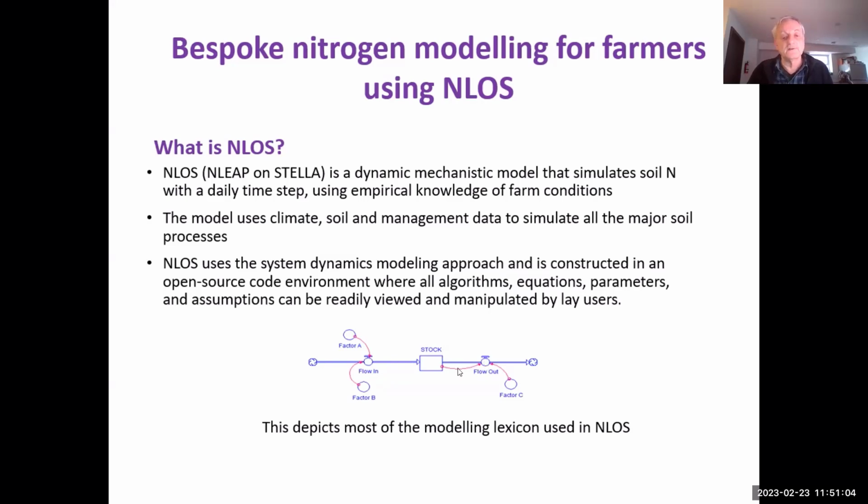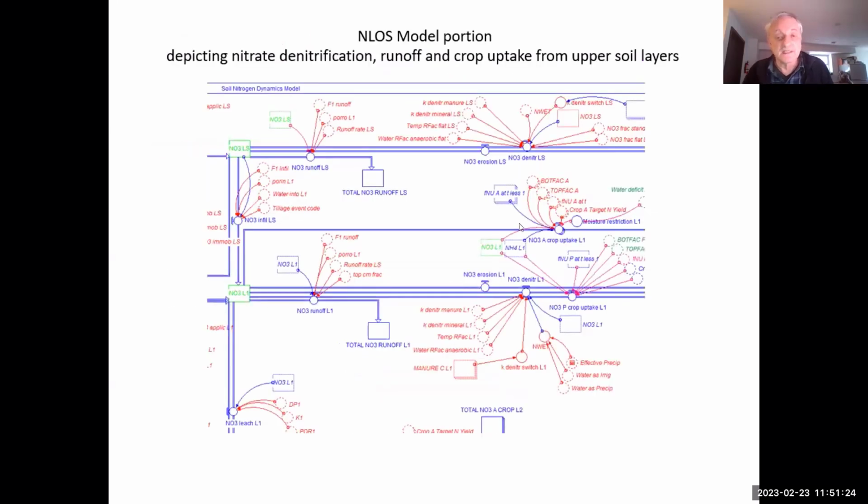If you know these 4 or 5 terms, then you can model. You can just use a pull-down menu and actually model. The model is a dynamic, process-based model. So it's not just a calculation, and it does daily time steps. This is what a portion of it looks like in the actual model. This is the actual thing.